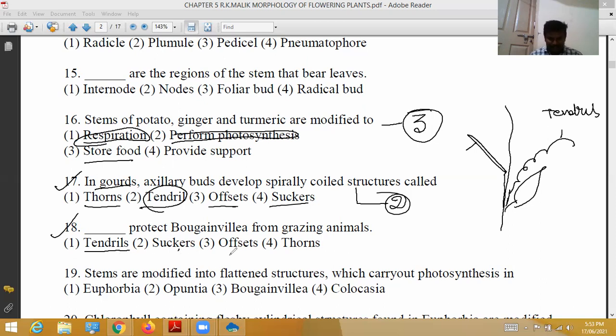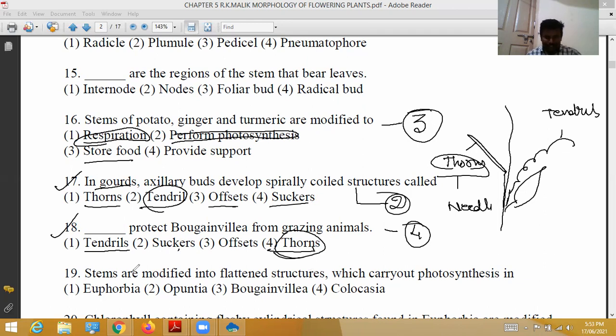Tendrils, suckers, and offsets are not the answer. The answer is thorns. Thorns are needle-like structures. They protect the bougainvillea from grazing animals. If you observe a bougainvillea plant, it has a number of thorns which protect it from grazing animals. So for the 18th question, the correct option is the 4th.